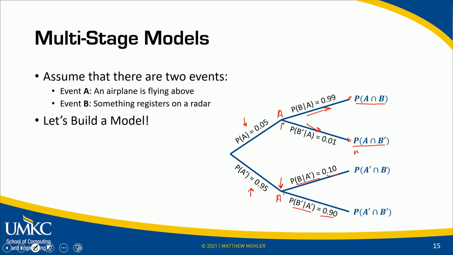We could call that a miss, right? Something didn't get found. Now, the next one down here, this is the probability that something registered on the radar, but there wasn't anything. This we could call a false alert or false alarm. And then this last one down here is the probability that there's no airplane and we don't register anything. So this is normal operation.